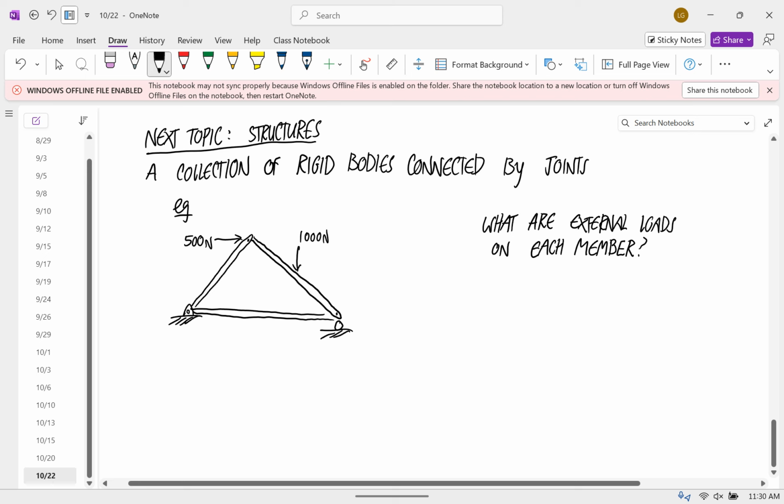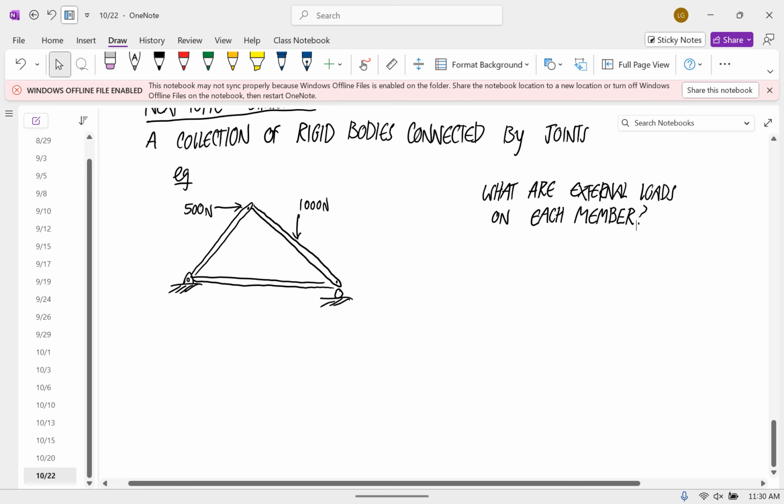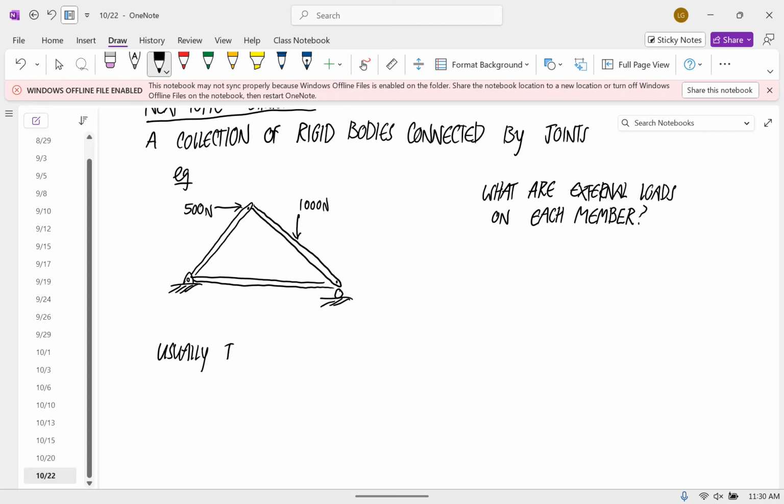The way you usually see this in statics textbooks is that textbooks break this up into 3 separate topics.